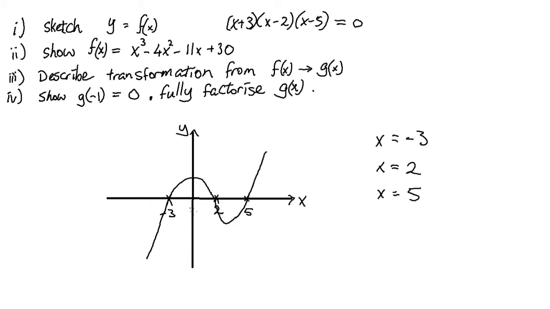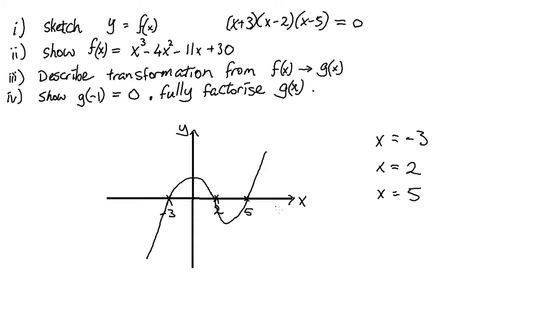Make sure that it actually goes through the points that you have specified. Or sometimes it's better to just draw the curve than mark the points of intersection, if that helps you a bit more.